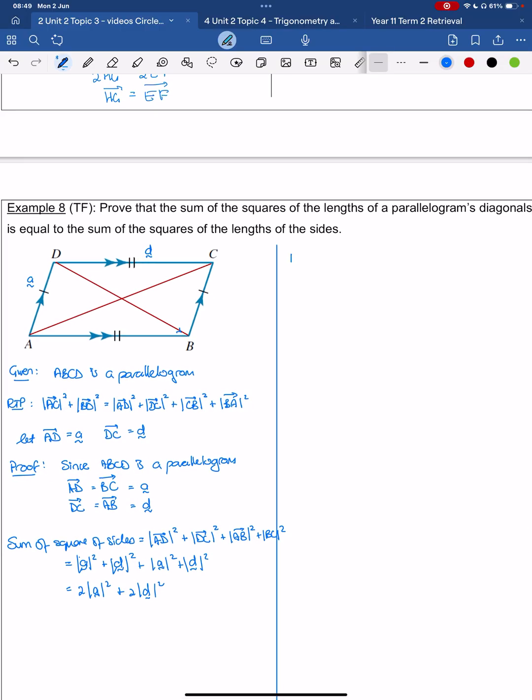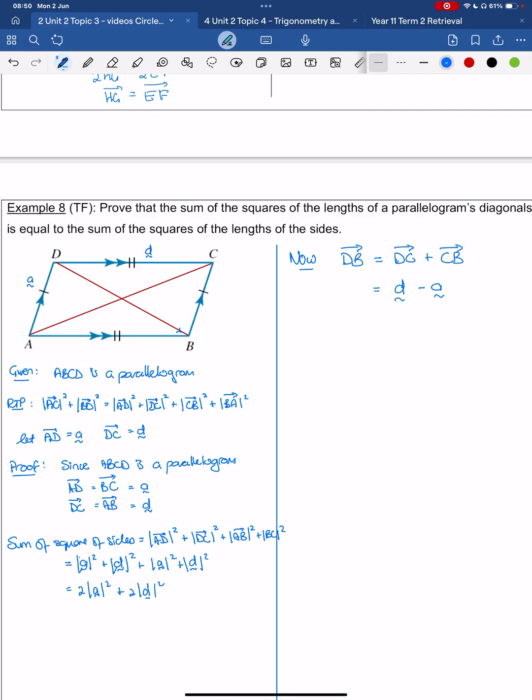So now vector DB is going to be DC plus CB, and we know that DC is d and CB is negative a, all right?